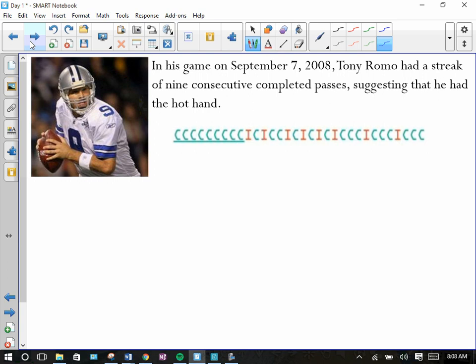Alright. So what you see in all those C's and I's, C's represent completion, complete. The I represents incomplete.